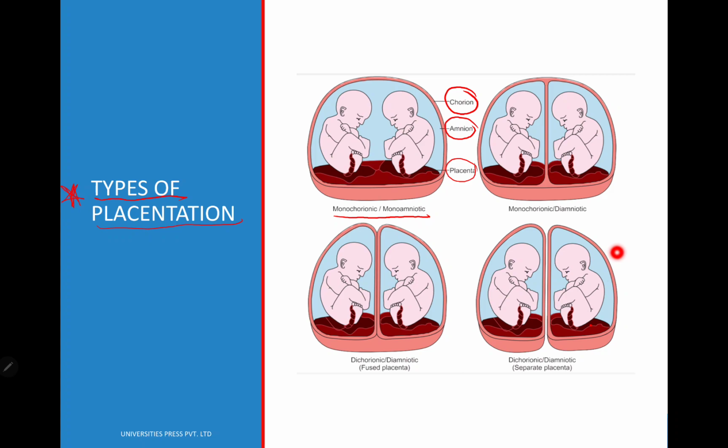If you look at this figure, the chorion is going to be only one, monochorionic. The blue one here is amnion, whereas the red one here is chorion. So in the first figure, there is only one chorion and one amnion. So it is monochorionic, monoamniotic.